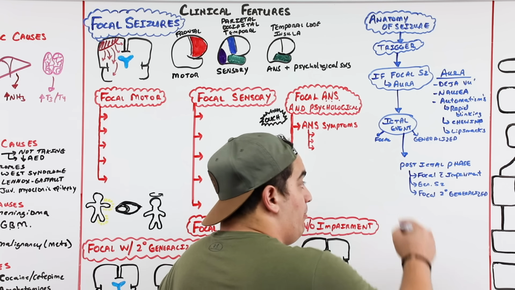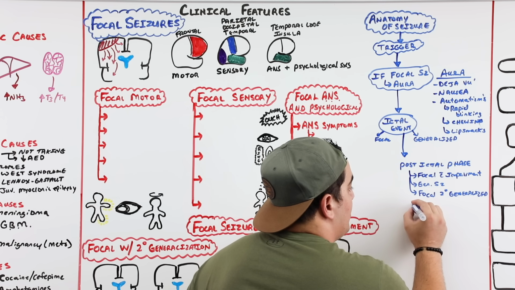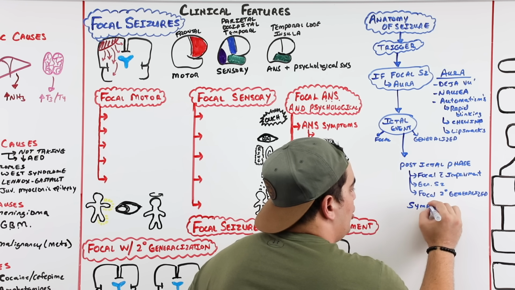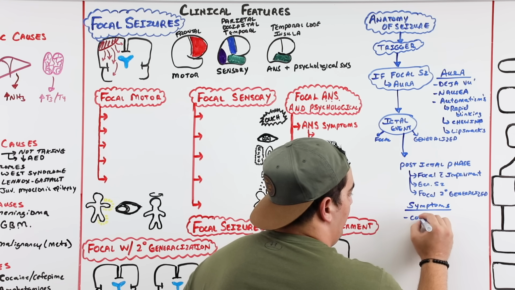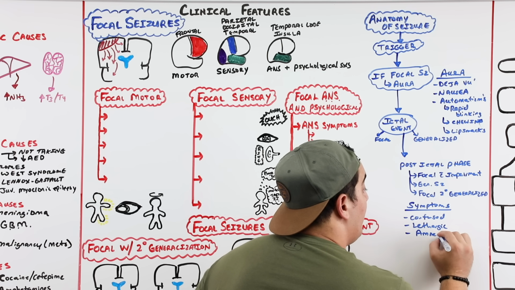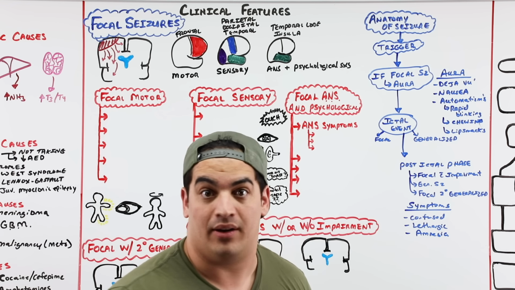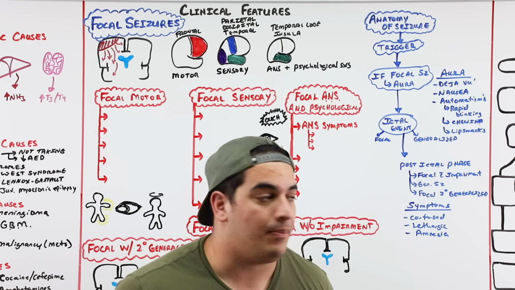In these situations, their post-ictal state symptoms usually include being confused, lethargic or really drowsy. They have amnesia. They don't even remember what happened. You could ask, hey, do you remember what happened? They're like, no, I just kind of blacked out.